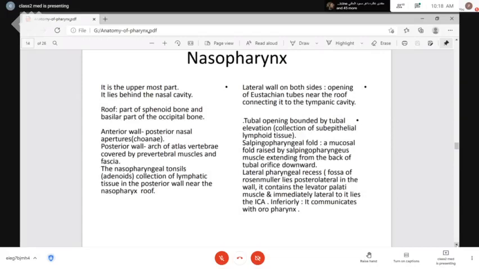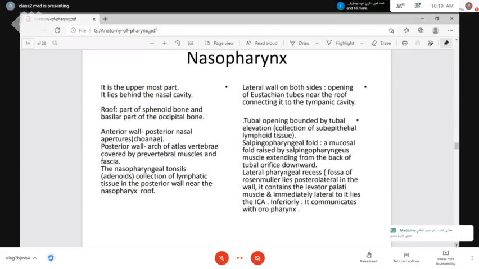The lateral wall of the nasopharynx on both sides opens into the Eustachian tube near the roof, connecting it to the tympanic cavity. Surrounding the opening of the Eustachian tube there is the tubal opening, bounded by the tubal elevation, which is a collection of subepithelial lymphoid tissue.